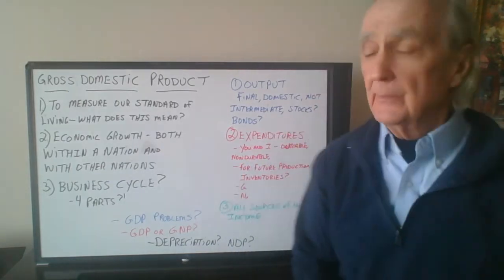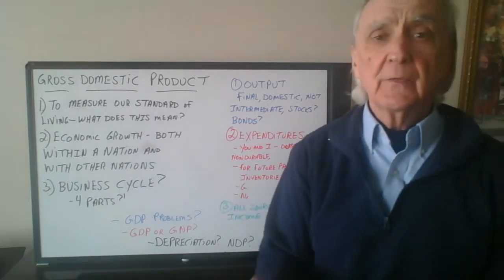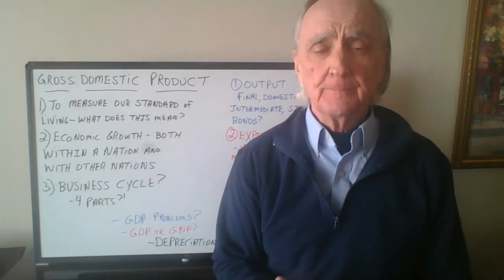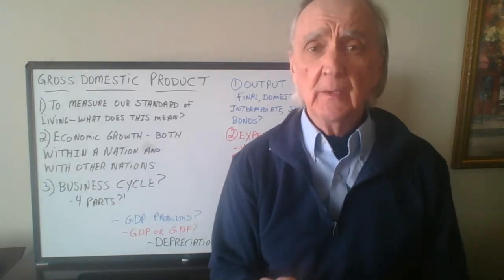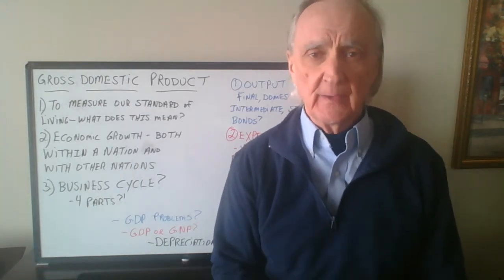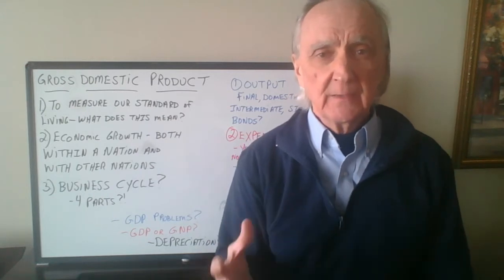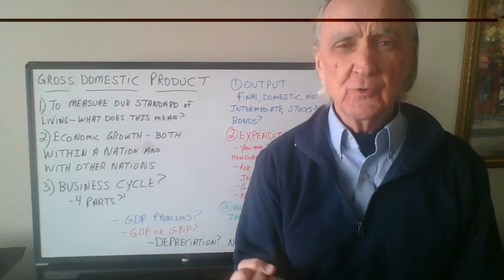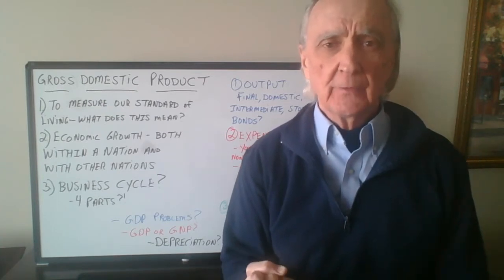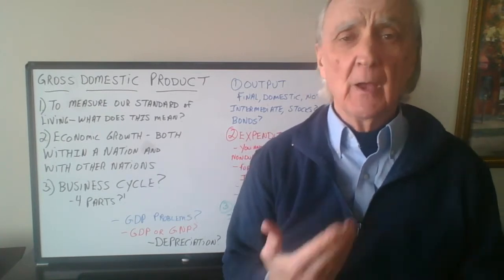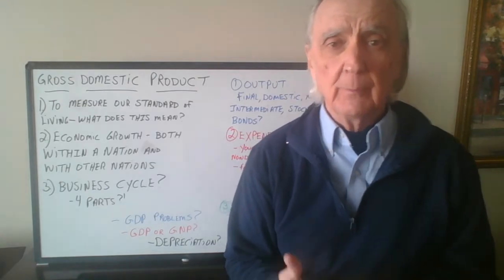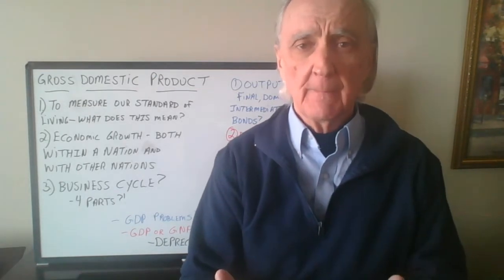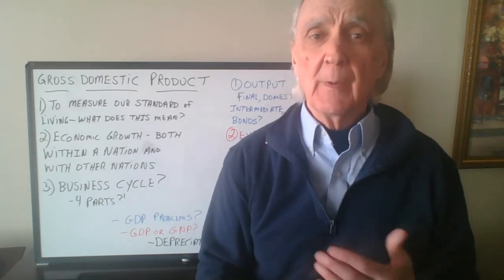Speaking of services, what is a service? Remember, we talked about that. A service is something that provides a benefit, all right, but not a tangible product, something you can put your hand on, all right? So it would be, for instance, if a company was manufacturing a pair of shoes, right, that would be a final good. But what about a shoe shine?